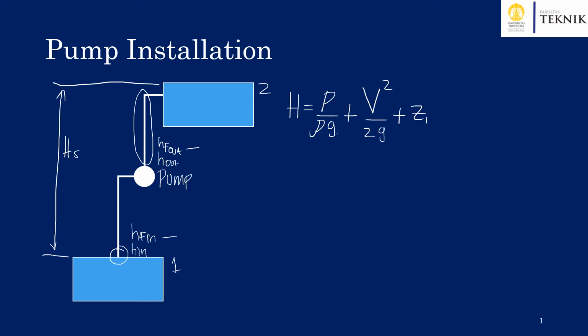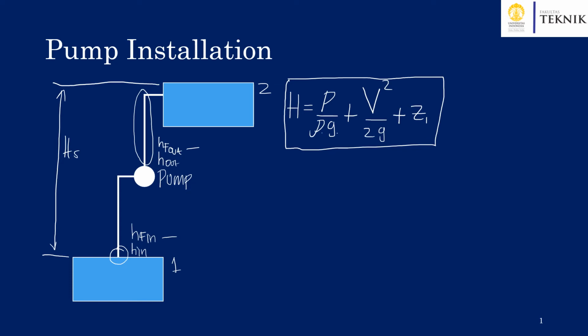So it can be between the inlet or the outlet. We can use this Bernoulli equation when analyzing the pump, and it applies for the inlet and the outlet section.